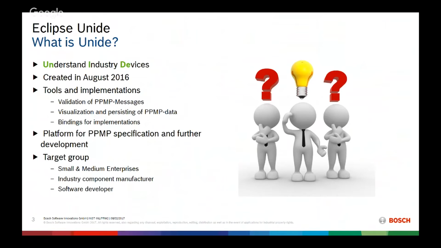And also a target group, and this is because we are at Eclipse, are software developers. So we hope to get from the community some implementations from software developers who are interested in establishing this and making it bigger than it is now.